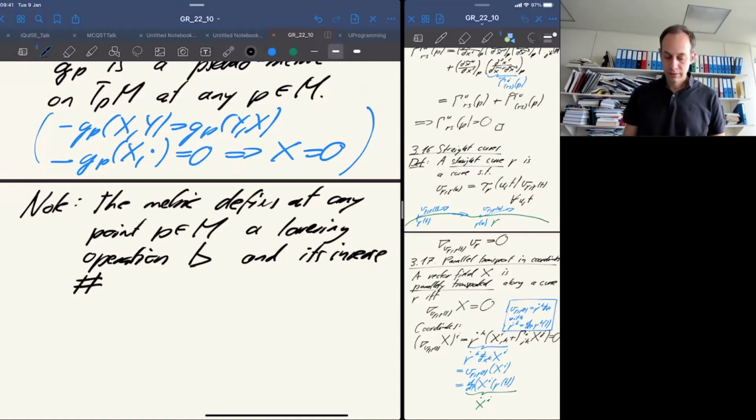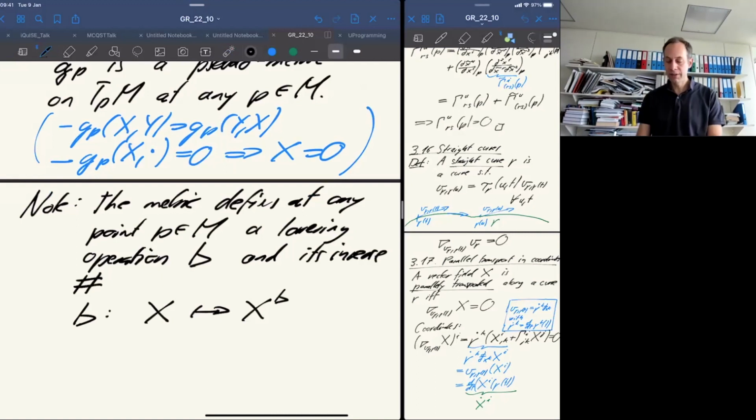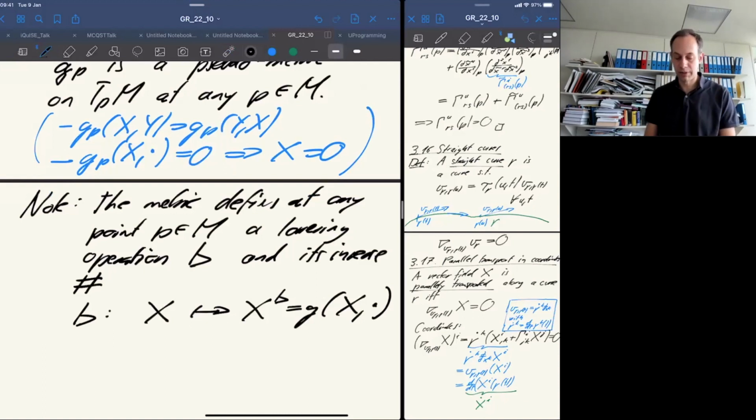Maybe, I don't want to go into everything we did already now, but just for the lowering operation, it may be useful to have it here on the board. It maps any vector to a covector, which is then denoted by x with this little musical b. And this covector is the covector I just explained before, the one where we just insert one argument.